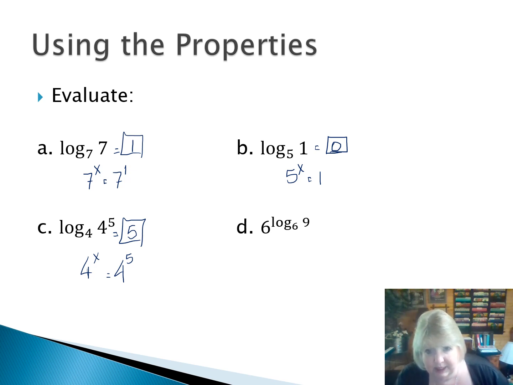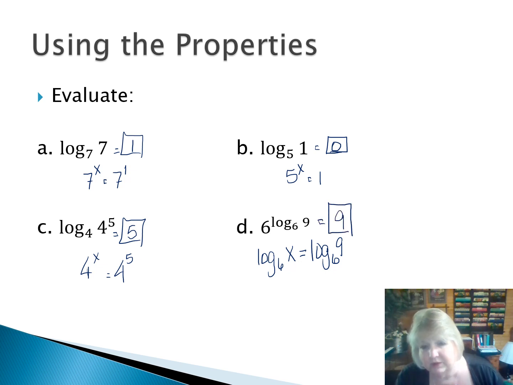Okay, number 6, this is the other inverse property, where I would say 6 to the log base 6 of x equals 6 to the log base 6 of 9. So quite clearly, x must be 9. That was the other statement of the inverse functions. If you will learn these properties and learn to do it without having to write them in exponential form, these problems will go by much, much quicker.